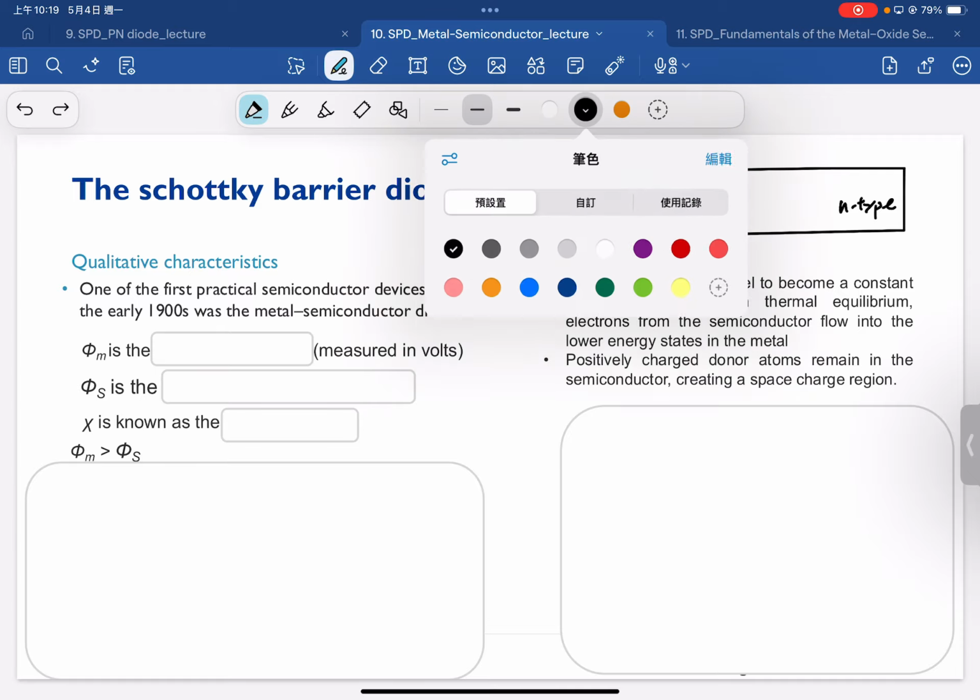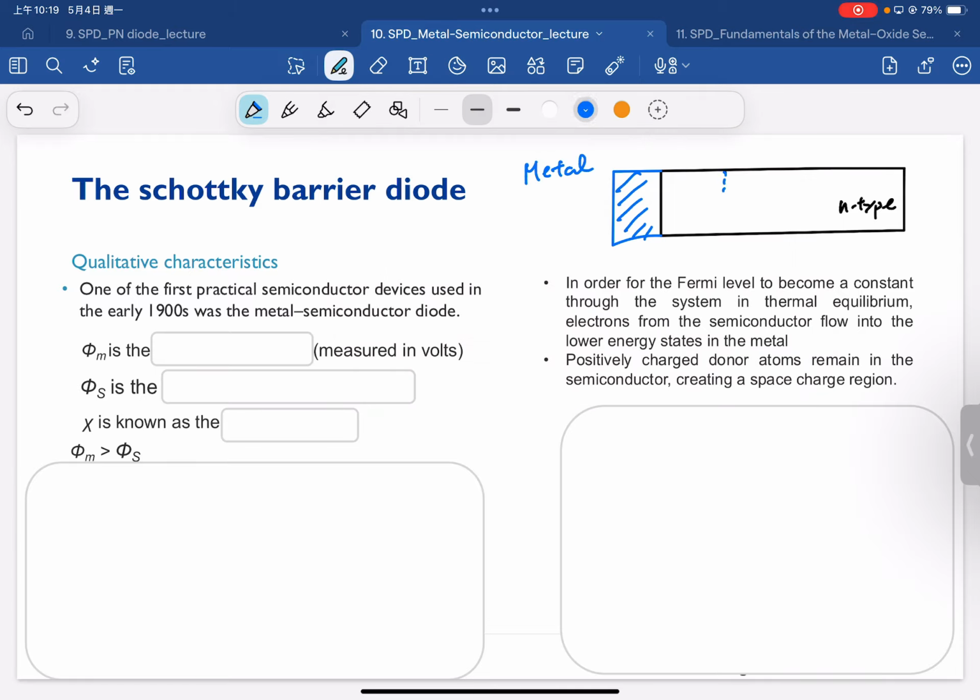We can still see the depletion region between the semiconductor and the metal.